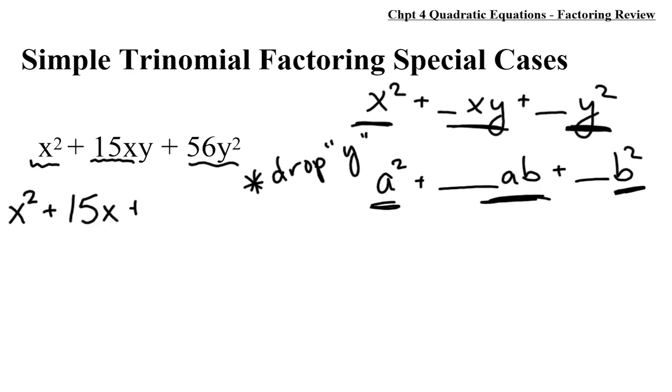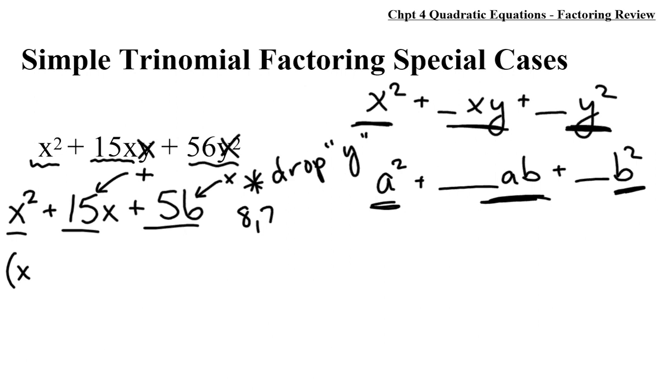Because if I just drop the y off, I'm going to be left with, by dropping the y's, well, now I just got rid of the y's for a second. Now I do have a trinomial with the right stuff. So I'm going to factor this. Multiply to 56, add to 15. I believe the combination is 8 and 7.